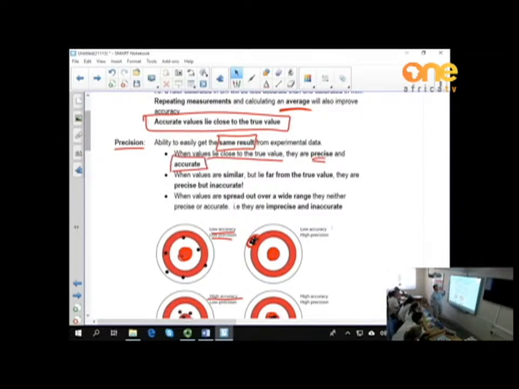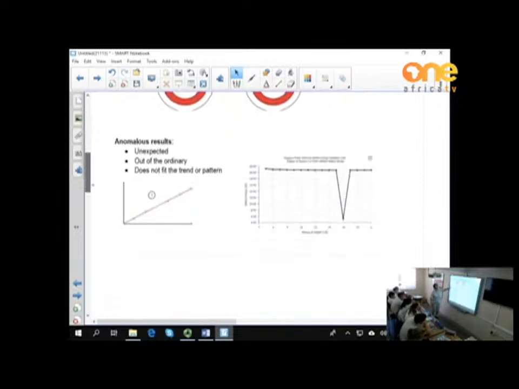Remember, accurate lies close to the true value. When values are similar, but they lie far from the true value, our accuracy is low, but our precision is high. And when values are spread out all over the show, we did not work accurately and we did not work precisely. Our answers are not accurate and they are not precise.